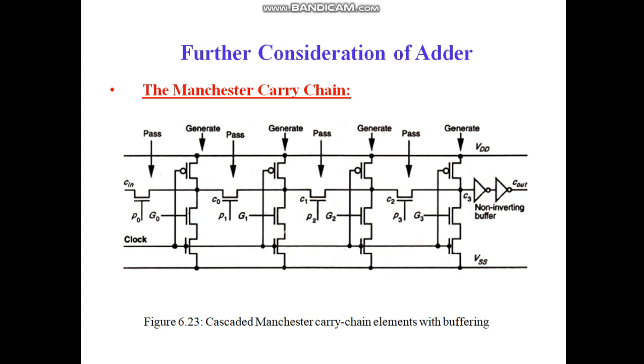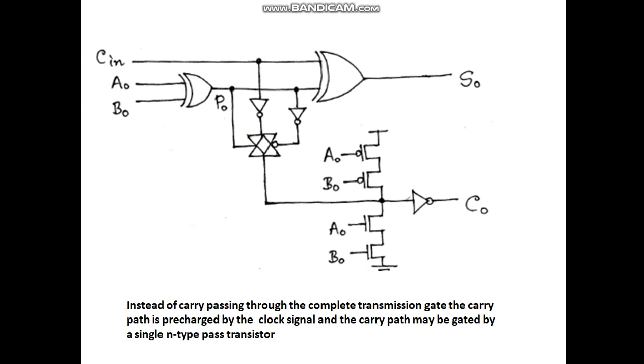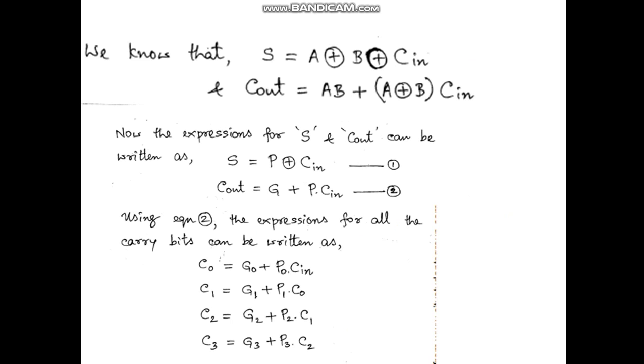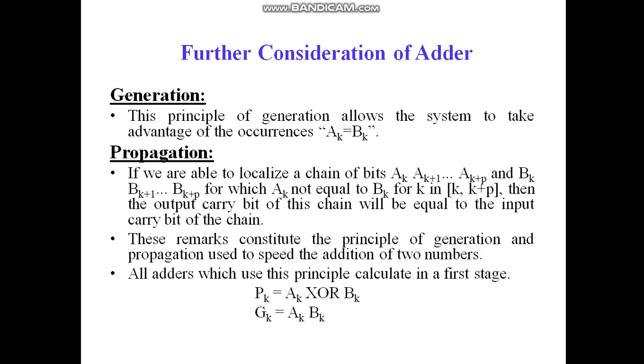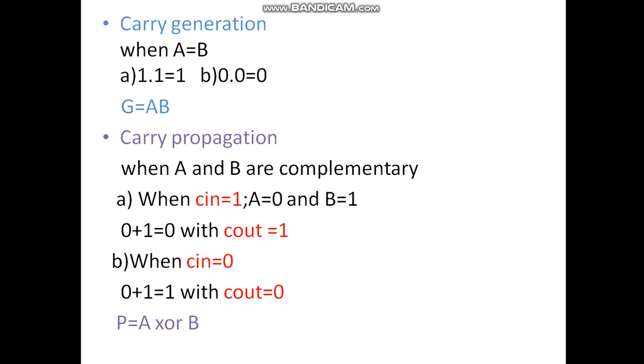For this condition to take place, inputs should be different. So the expression for P can be written as AK XOR BK, and for the carry to be generated, AK and BK should be the same. The carry generated is 0 when AK and BK are 0, and the carry generated is 1 when AK and BK are 1.